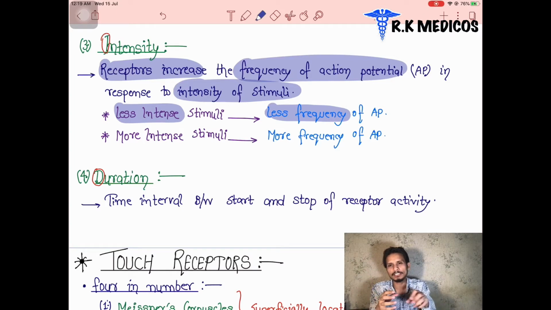But when we give a very low amount of stimulus, it is not enough for the action potential, which is very slow moving, and it may not reach our spinal cord, or may not be transferred to the different parts of our spinal cord or the brain region.